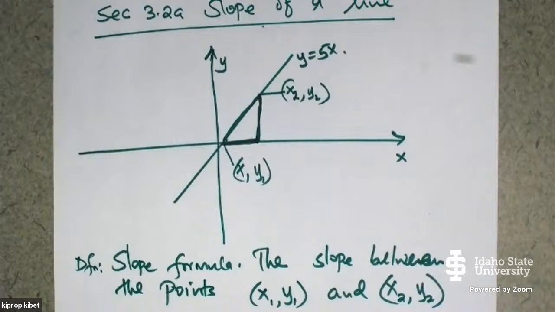Now, if this line is like that, we know that m equals change in y over change in x. Y is changing, but the x change is 0. So what is this?